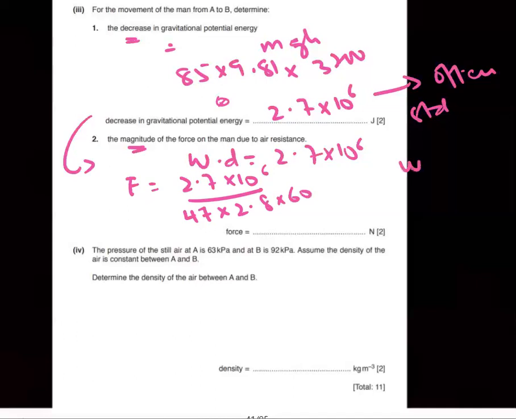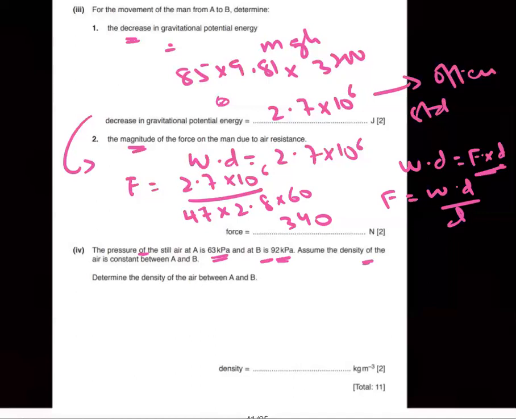If you recall, work done is force into distance covered in the direction of force. So force can be calculated as work done divided by distance covered. So we are getting a force of 340 Newton.